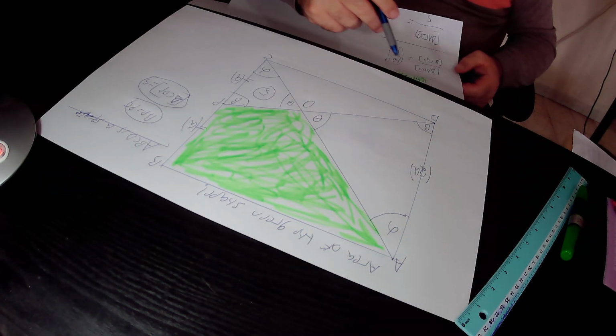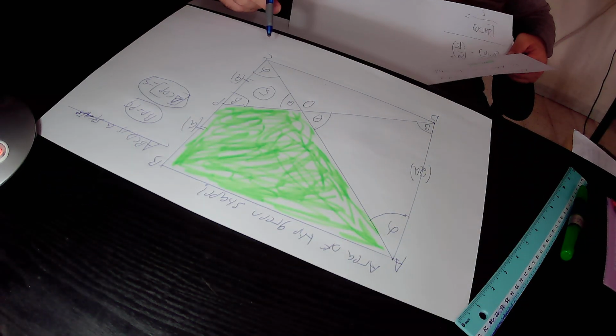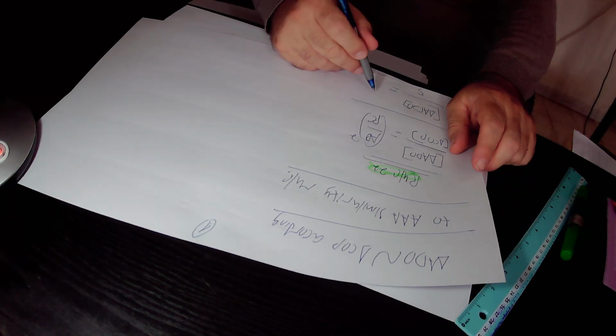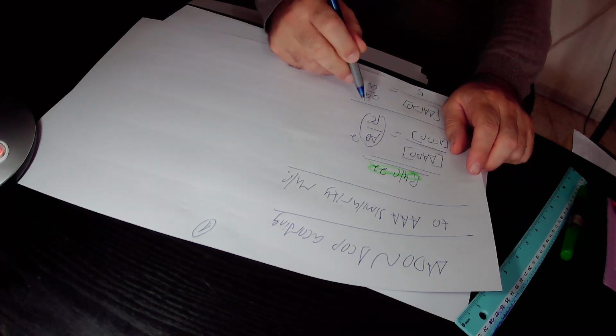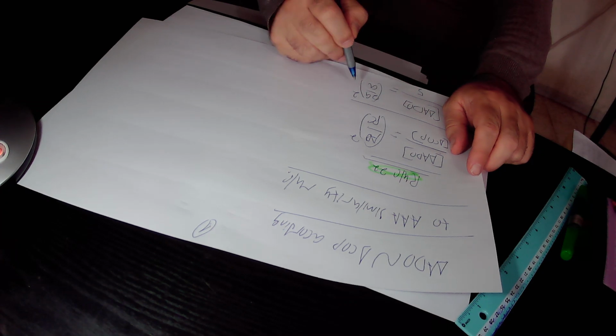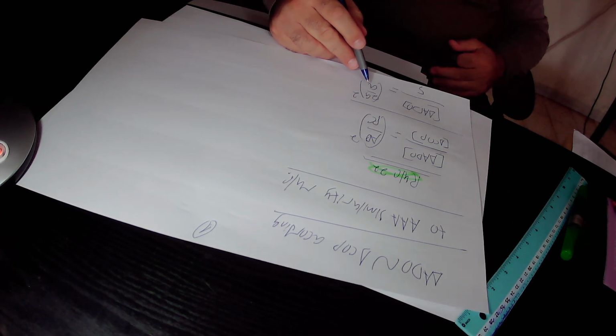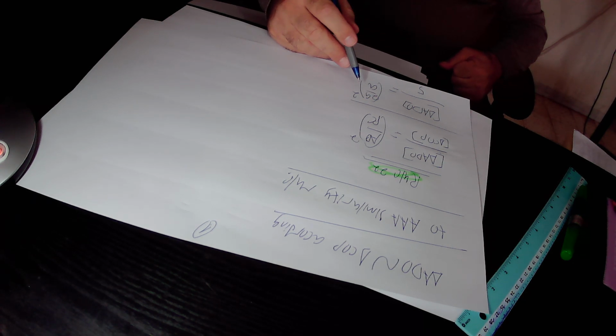AD is 2A, PC is A. So it is 2A over A squared. We have A in the numerator and A in the denominator, so A will get cancelled, and after cancelling A we are left only with 2 squared, that is 4.